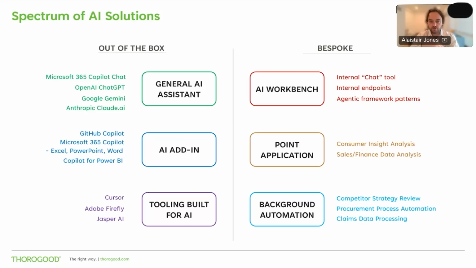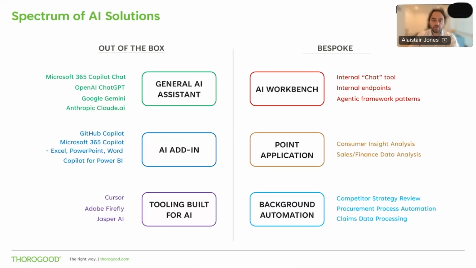And then within that, there are various distinctions. So Andrew talks about general AI assistants, so the interfaces that are available in browsers that people may be familiar with. So OpenAI's ChatGPT, Google's Gemini. Then there are add-ins that now exist within existing pieces of software. So we'll be talking about, obviously, Copilot. Copilot is an umbrella term for a lot of Microsoft's AI offerings that exist largely within the software that they've already developed.